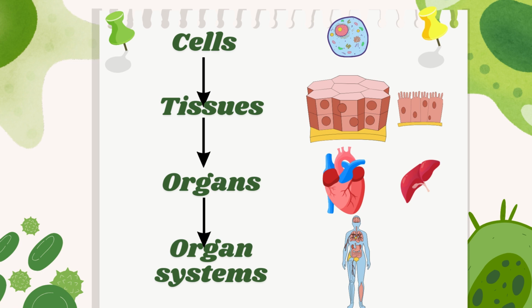It is the smallest living thing, and many cells doing the same function which are gathered, we are calling tissues. Many kinds of tissues gather with each other and make organs. Many organs gather together, they make an organ system. So that is how a human is made.